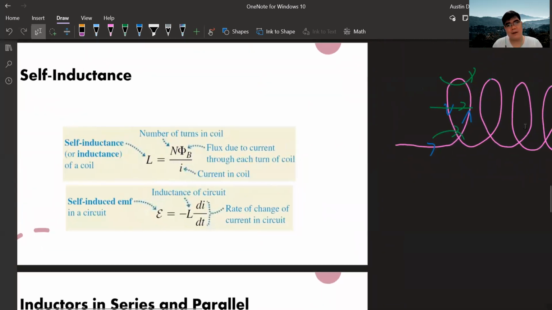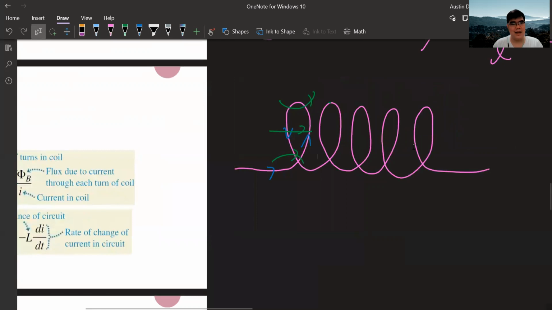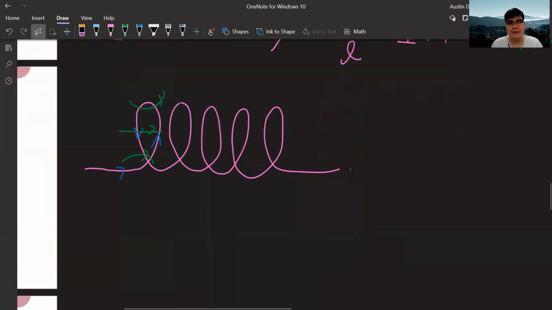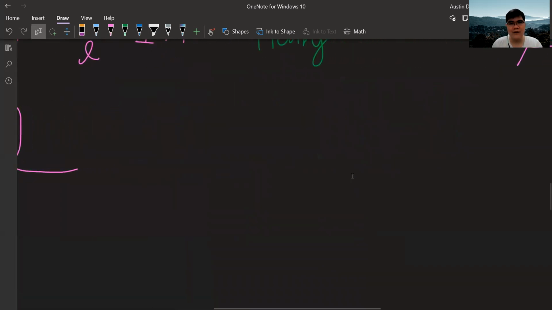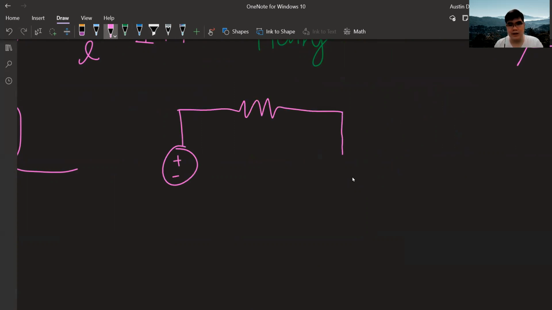So ano nangyayari kapag meron kang inductors? Para naman meron siyang implication sa buhay natin. When you have a circuit, let me draw a circuit here. So this is a source, tapos lagyan natin resistor. At sabihin natin na meron tayong, I don't know what the symbol is, yan na lang, light bulb.